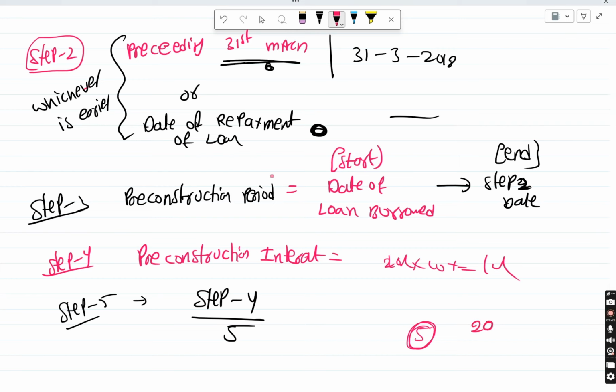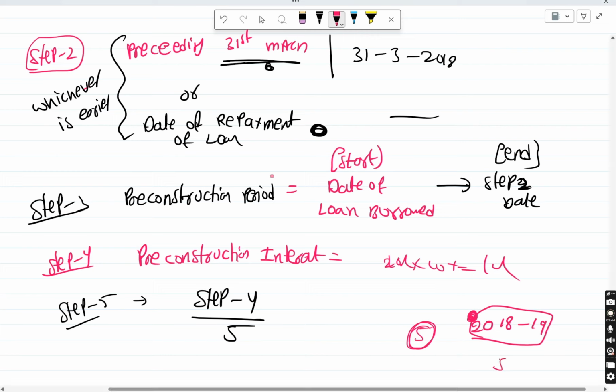Let's just say in 2018-19 I started paying the interest. Completion of construction is 2018-19, so obviously I will be paying the interest also. So I can claim only for 5 years. I cannot claim more than that. Anyway, step 6 we will discuss later while doing the question. It will be a little bit confusing. So make sure you note this.